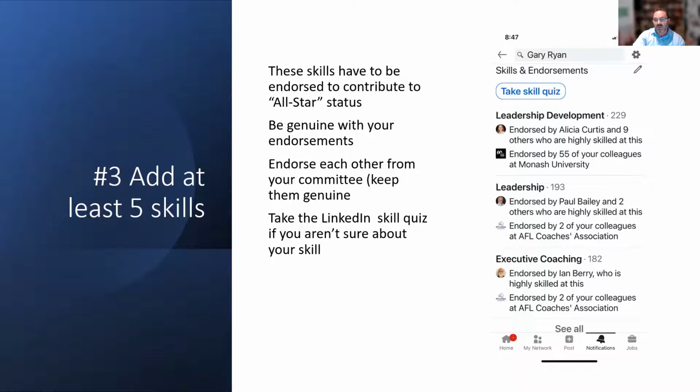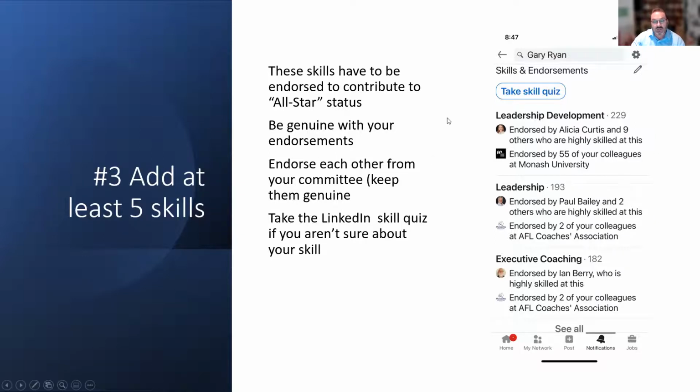So once you know that, you go, okay, that means that in this instance, I can trust that Gary is good at this particular skill, and so on and so forth with the other numbers along the side there. And it also gives you some sense of people from your peers and other organizations that you've worked or studied at, for example, that have also endorsed you. Again, if you've got any questions, feel free to ask me as we go through.